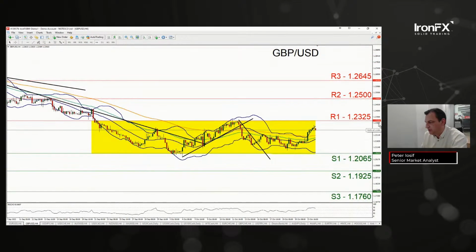So on a technical level, despite the RSI indicator rising substantially, it reached actually the reading of 50. It corrected lower later on. It's now at 63, implying that the bullish sentiment which was built up seems to be fading away somewhat. And given the fact that the pair was unable to break the upper boundary of the current sideways motion, namely the R1, 1.2325, we tend to maintain our bias for the sideways motion to be maintained in the corridor between the R1 and the S1.